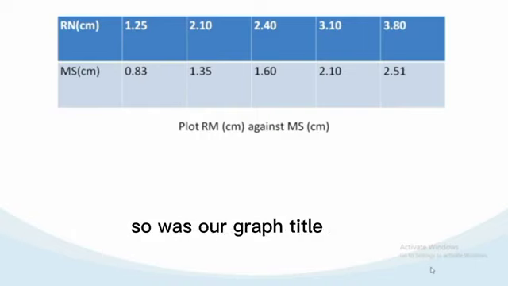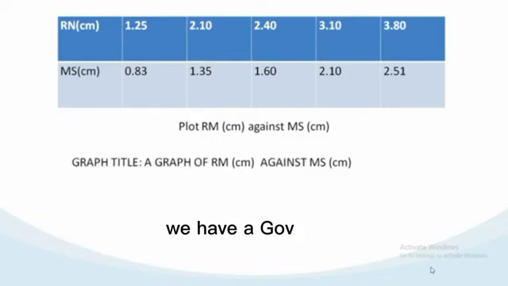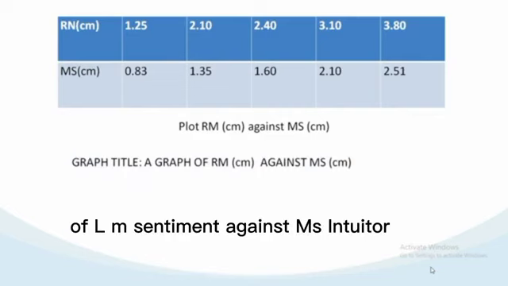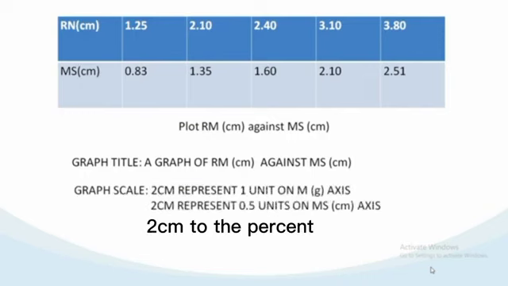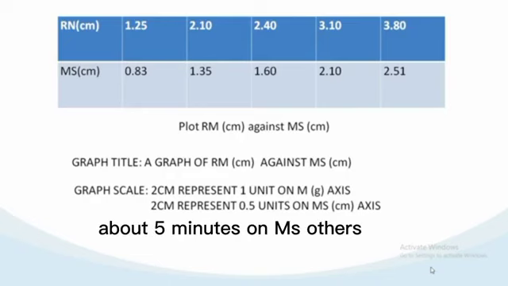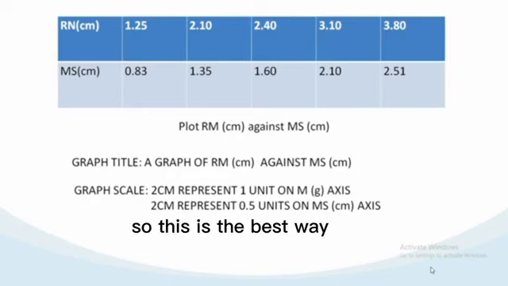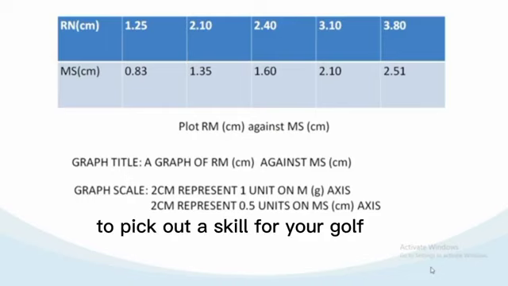So what's our graph title? We have a graph of Rm centimeter against Ms centimeter, and for the scale, 2 centimeter to represent 1 unit on the Rm axis, and again 2 centimeter to represent 0.5 units on the Ms axis. So this is the best way to pick out a scale for your graph.